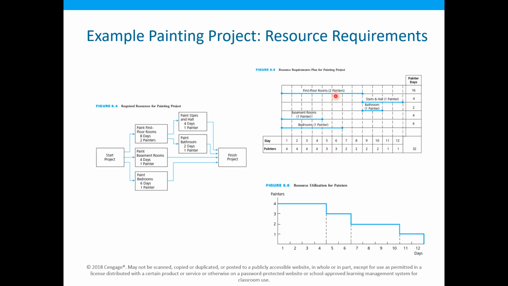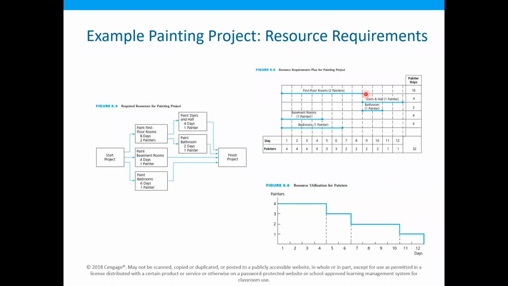So similarly, we can just add up the requirements of the resources for each activity. Starting from day 7, we will need 2, 2, 2, and up to day 8.